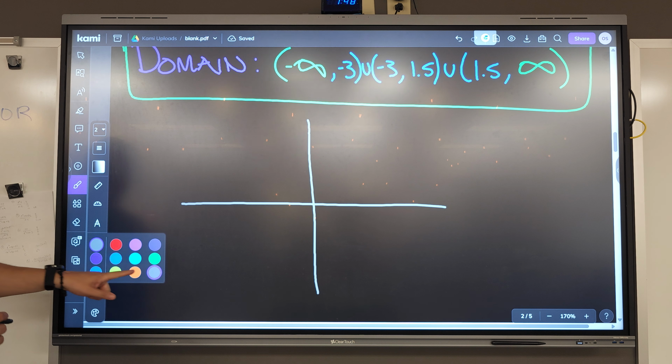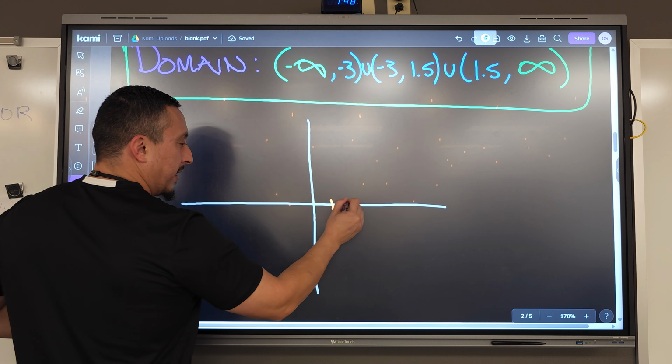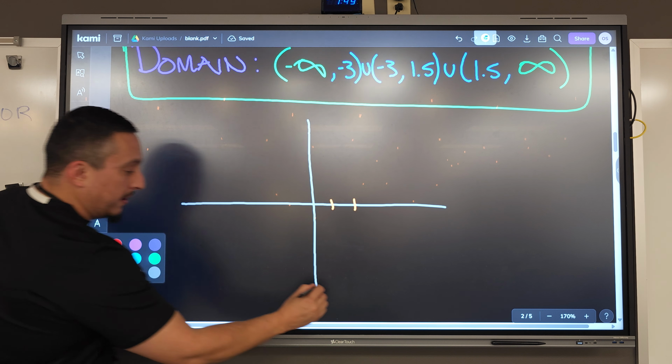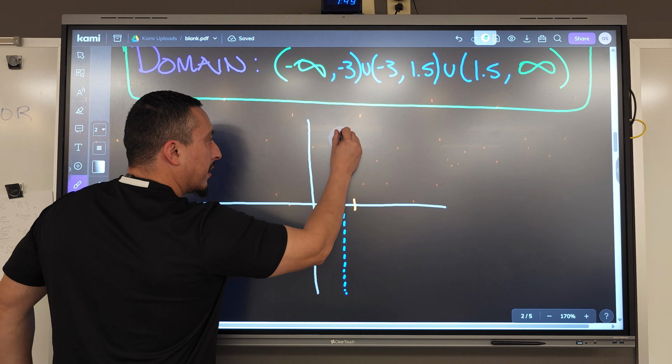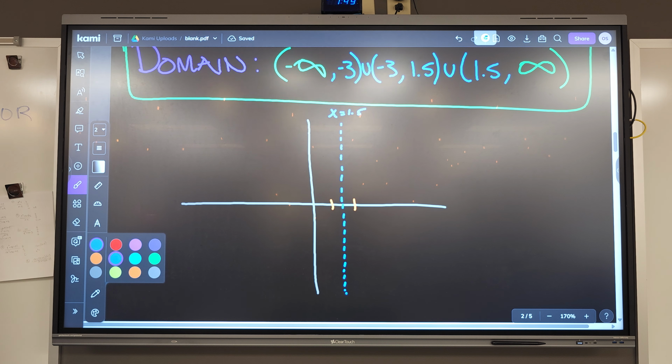So for example, we have a vertical asymptote at 1.5, is that right? Is that 1.5 the vertical asymptote? Yeah, so check this out. So right here, x equals 1.5. Do we have a HA on this problem? No HA? Okay.